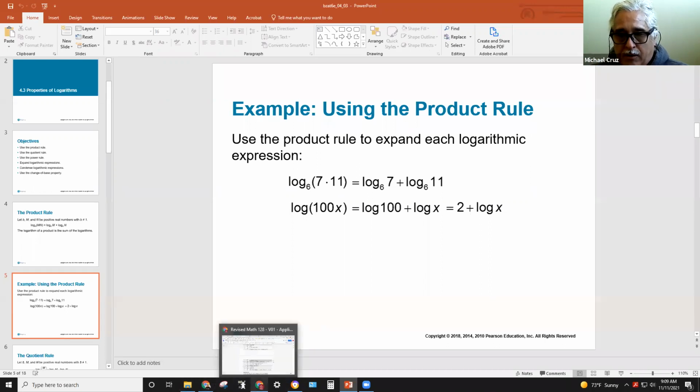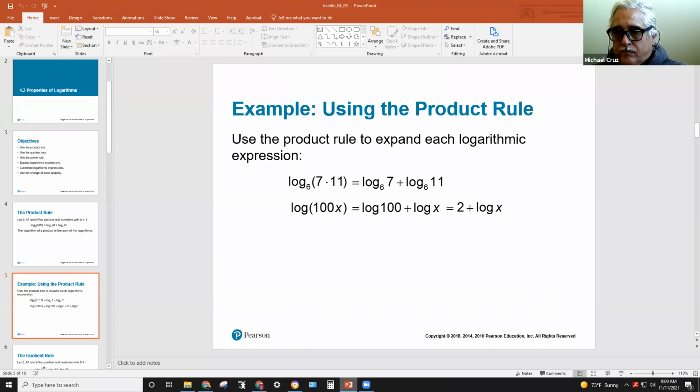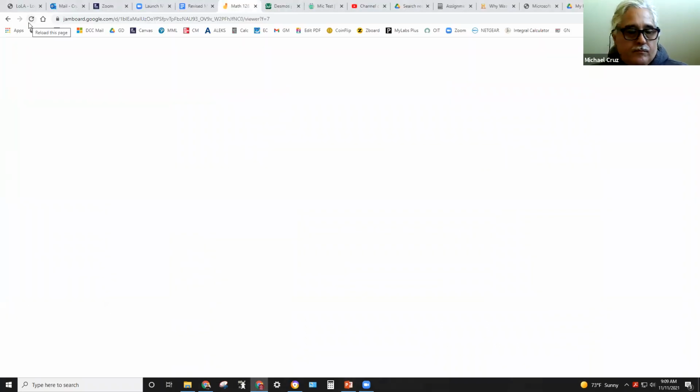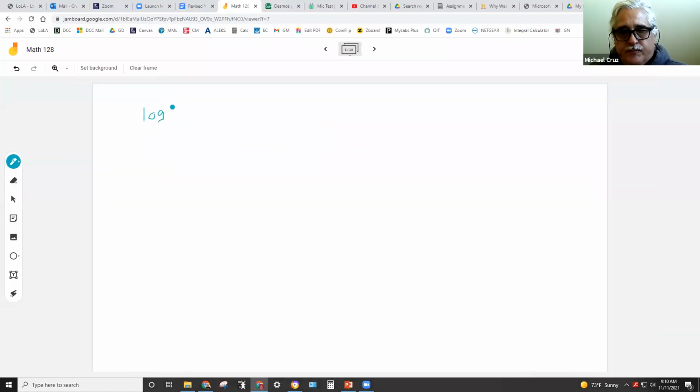I can't remember what they called it, but let's look at this. Remember, log with no base written means the common logarithm.